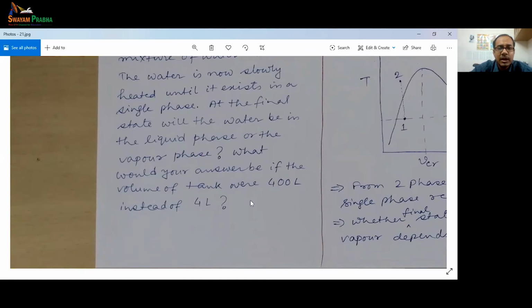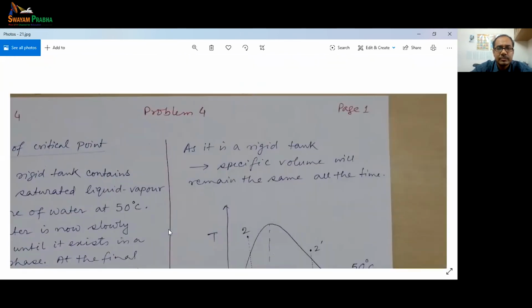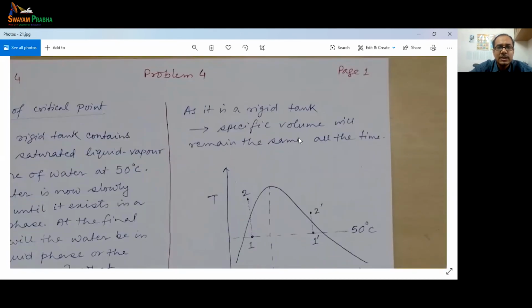And the next part is, what would be your answer if the volume of the tank were 400 liters instead of 4 liters? So now you increase the volume by 100 times. Will the answer change? So let's see how to approach this problem.